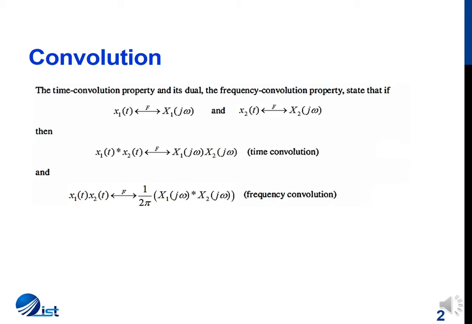So if in the time domain two signals get multiplied, in the frequency domain their spectra get convolved. Now in the following slides we'll be seeing some examples, or some applications, of the time convolution property and the frequency convolution property.